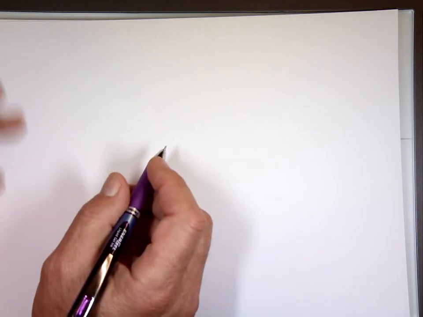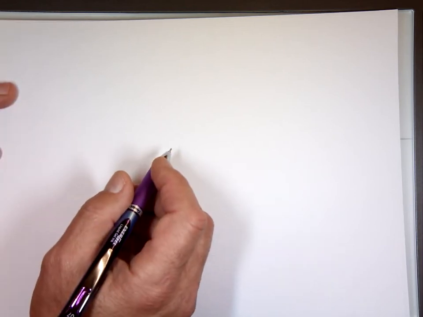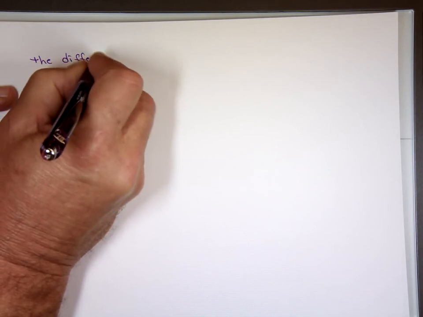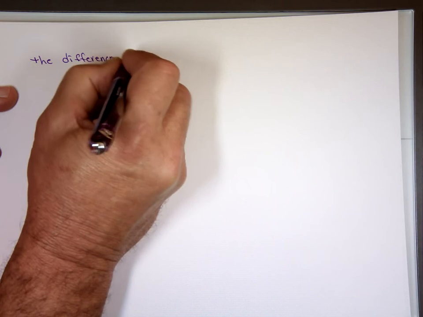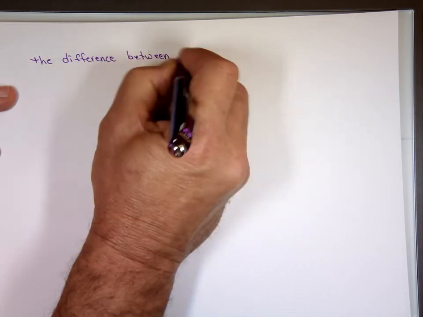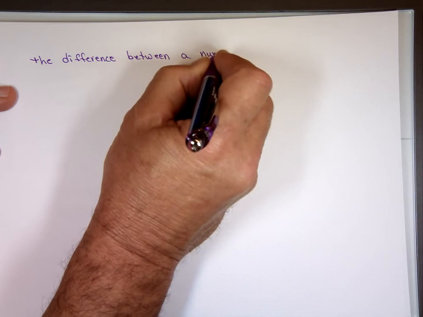Let's try a couple more and practice a few of these. This is for you to try. I'm going to write this statement: the difference between a number and 5.1.